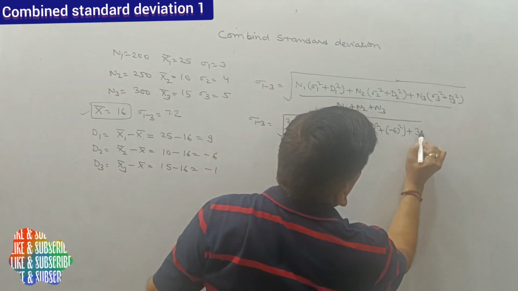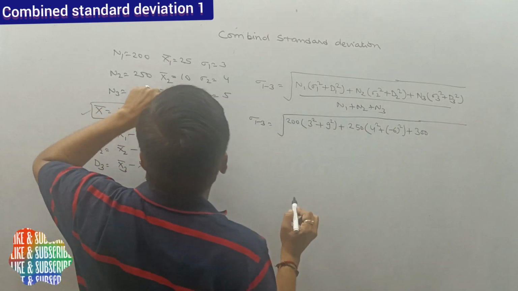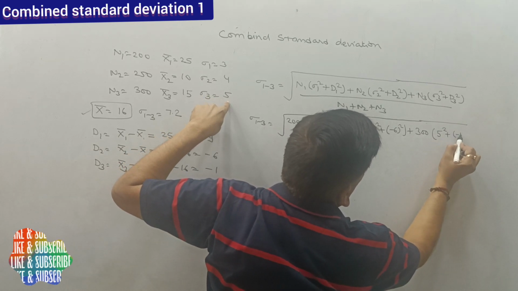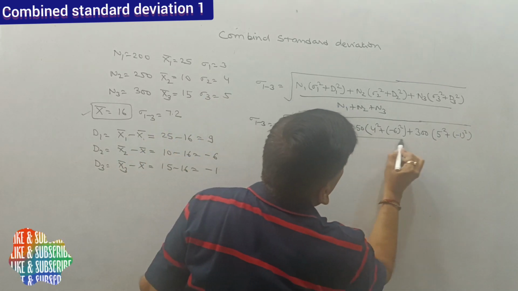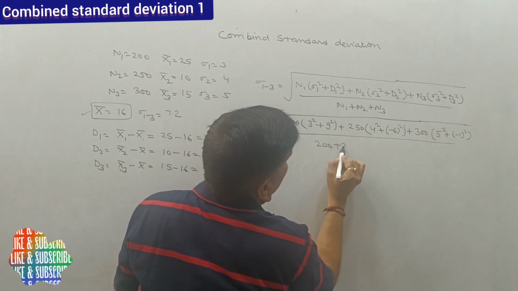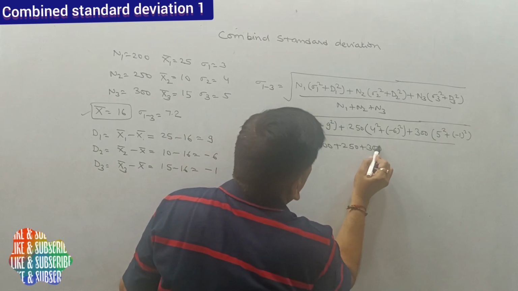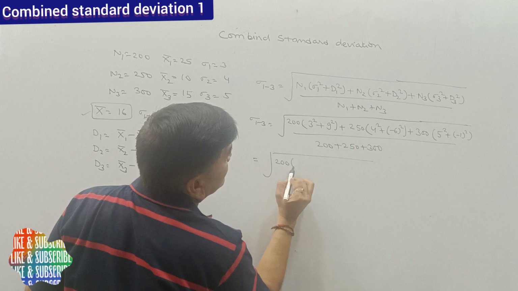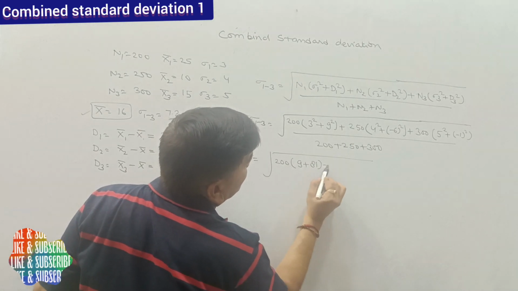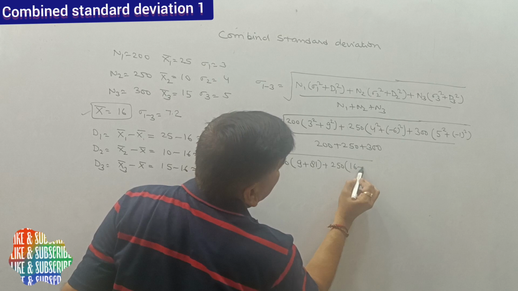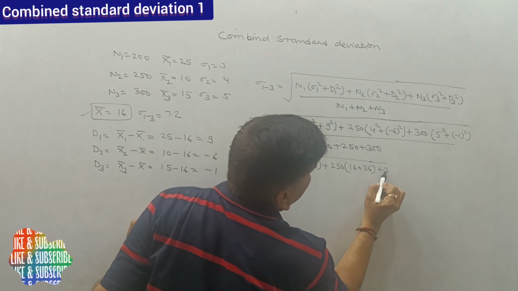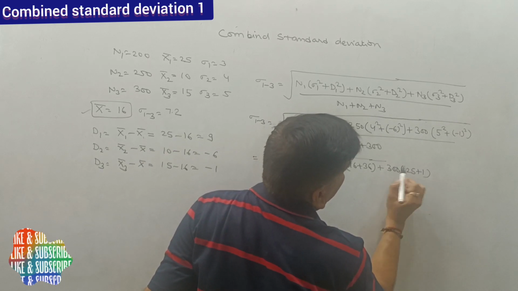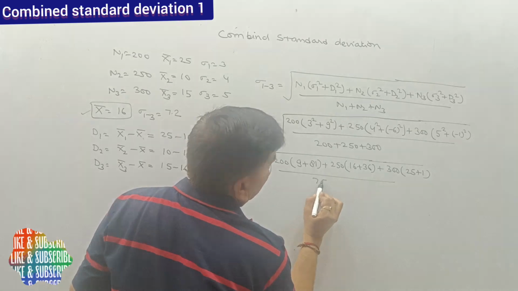Plus N3 value 300, standard deviation 3 raised to power 2, 5 raised to power 2, plus minus 1 raised to power 2, divided by N1 plus N2 plus N3. So the value is 200 times (9 plus 81), 250 times (16 plus 36), plus 300 times (25 plus 1), divided by 750.